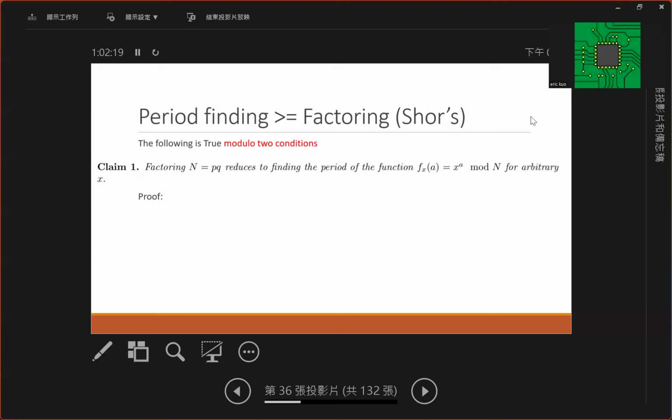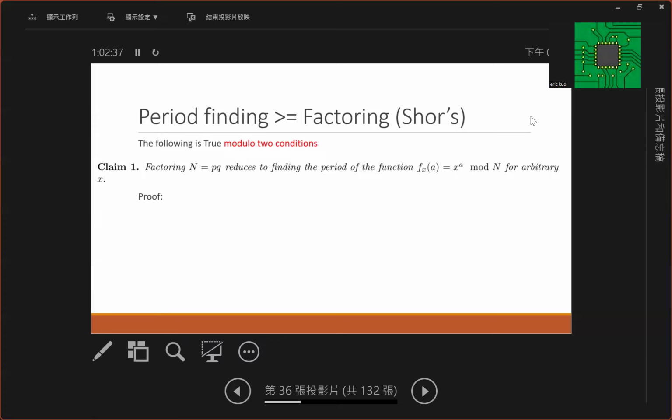But if these are the two cases, then we get a factor, because I can just compute the greatest common divisor of n and x^(r/2) minus 1.